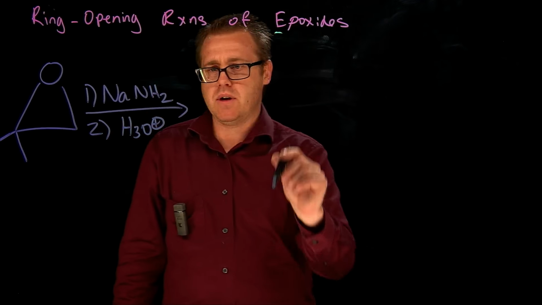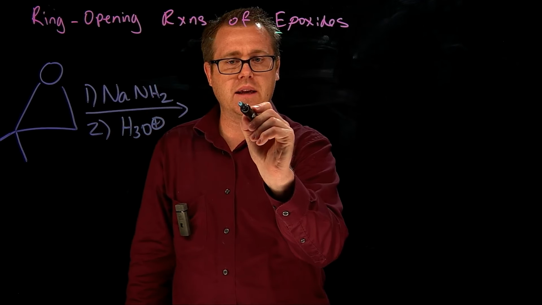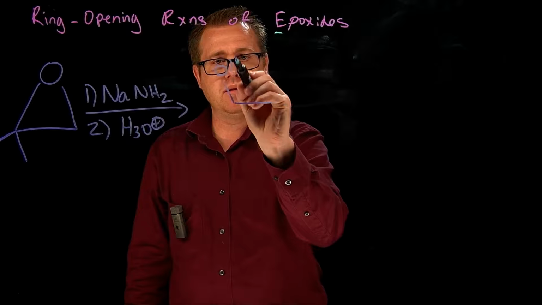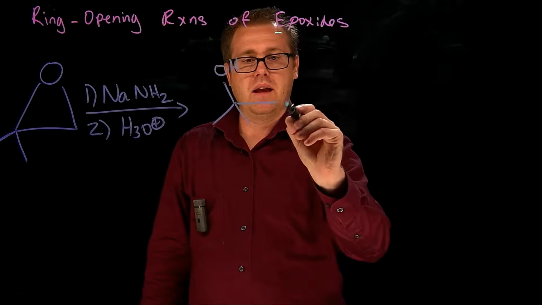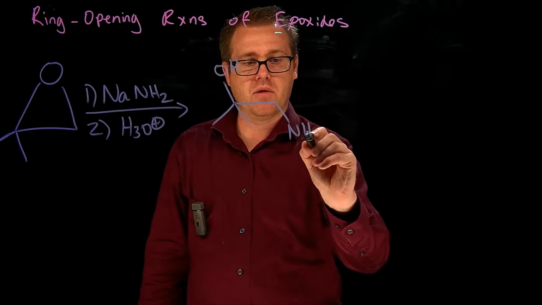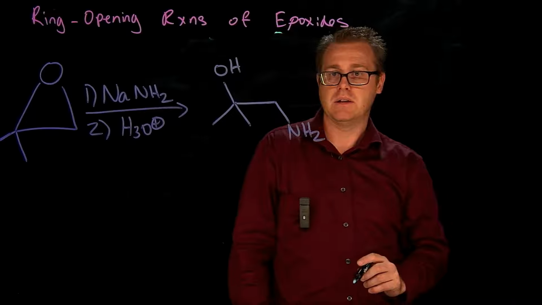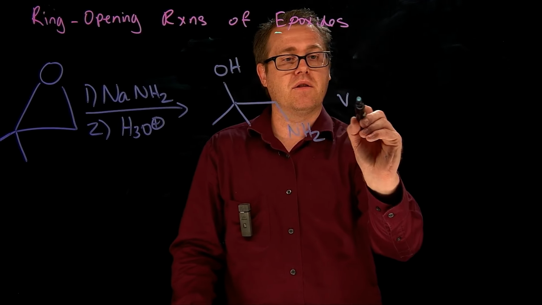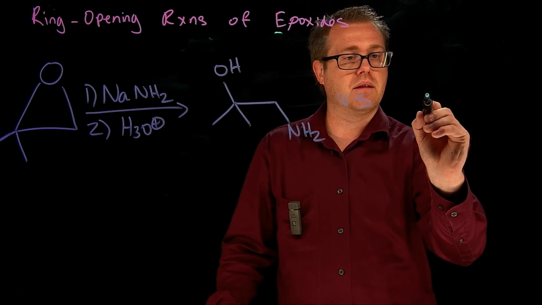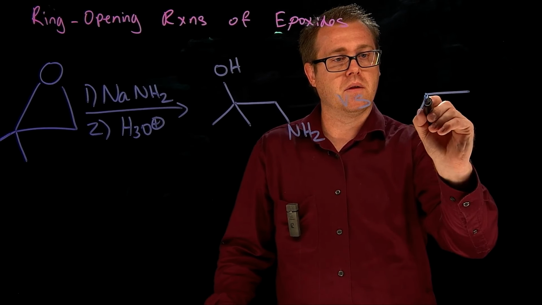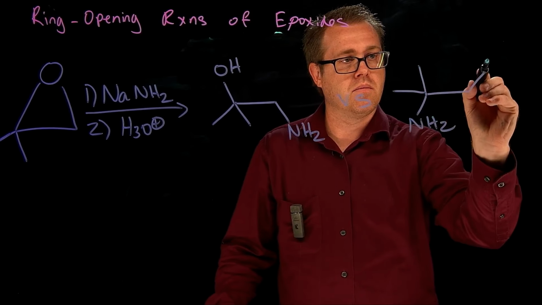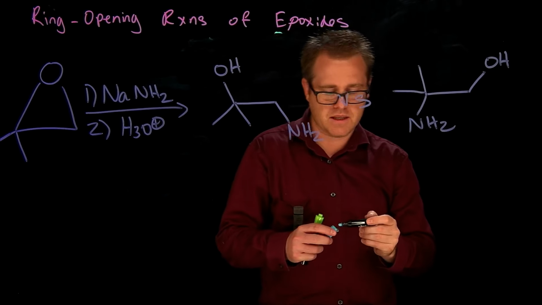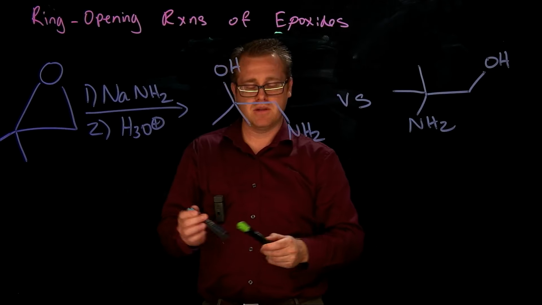So it begs the question, what product am I going to get? Am I going to get this one, with the two methyls there and our amine, like that, versus are we going to get it like this? Do you see the difference in those two compounds?